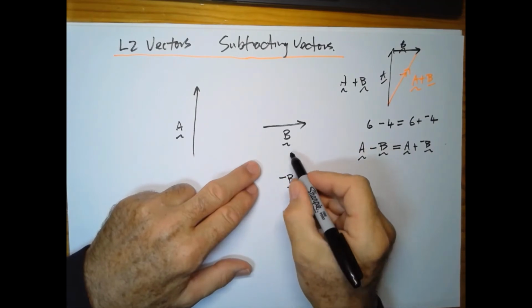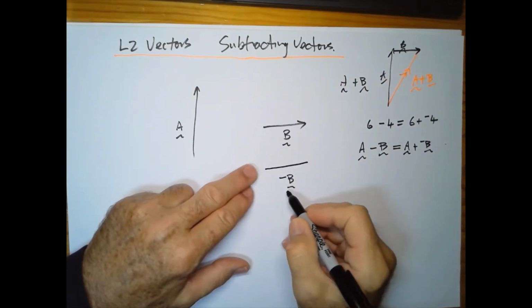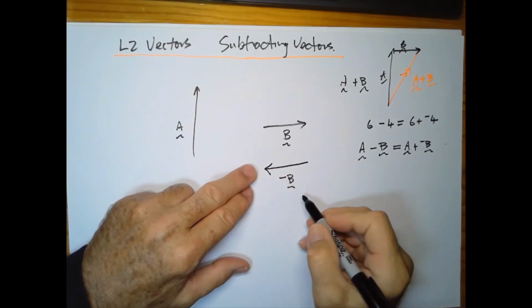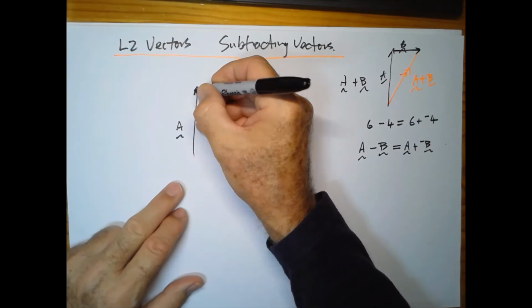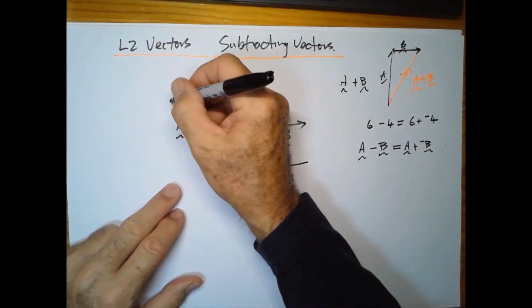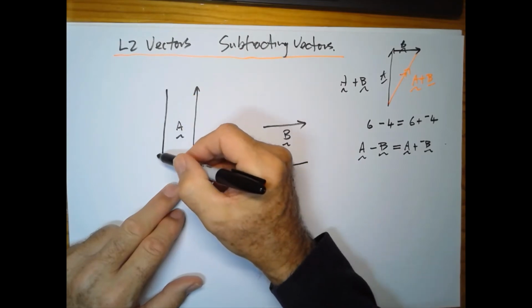Negative B is a vector exactly the same length but in the opposite direction. So again, if this is our vector A, what is negative A? It's a vector of the same length but in the opposite direction.